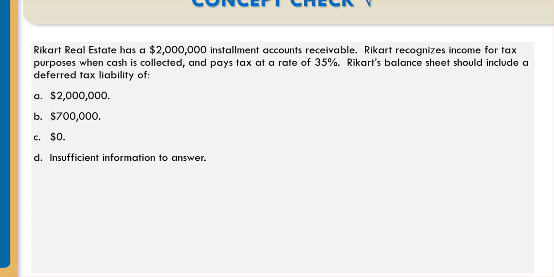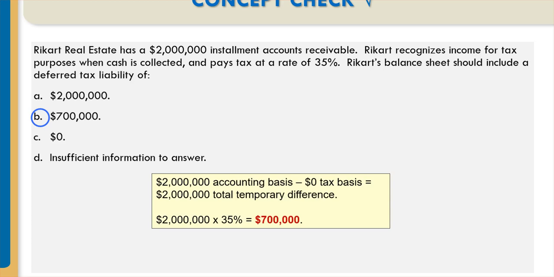And in the problems, by the way, I want you to assume that all receivables will actually be turned into cash and that you will not have any bad debt or any other issues. So the 2 million will be coming in as cash, and they want to know what the tax liability should be. The general rule is it's the amount times the rate, and the rate is 35%, so you get 700.